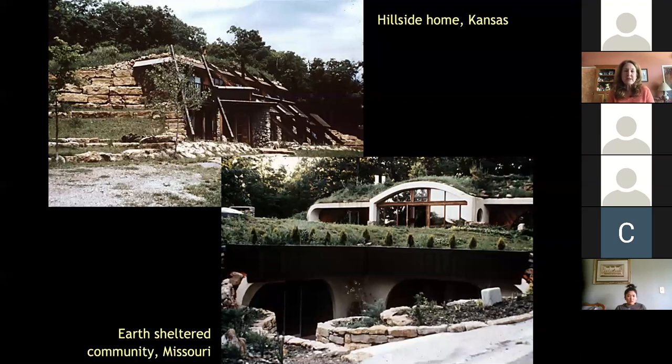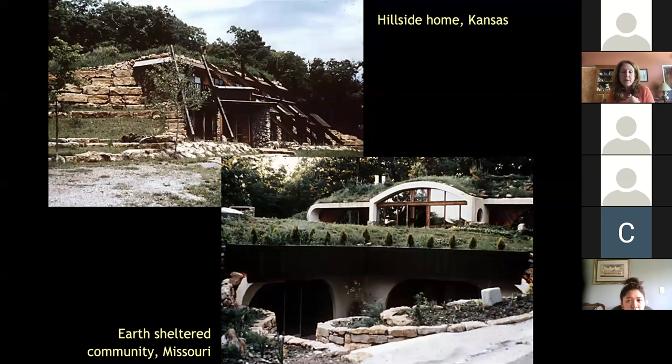So here's two examples that do just that. The upper left is a hillside home in Kansas. It's a sloped hill, and so it's cut into the hillside, and there's a lot of glazing on the south side of the building where it should be. So it gets a lot of natural light that then is bounced further back into the space.